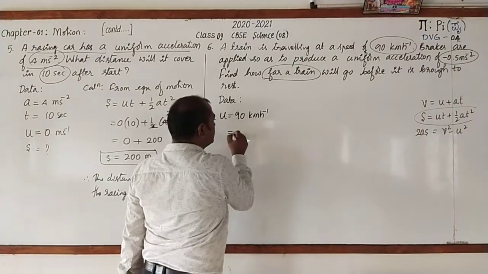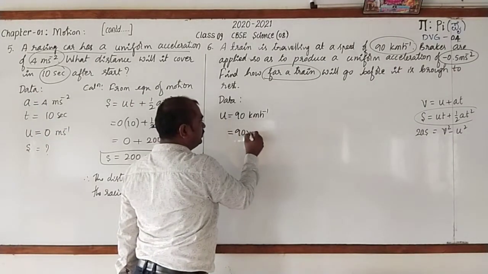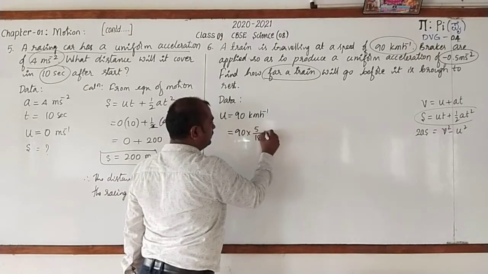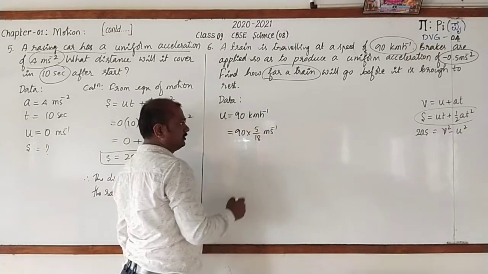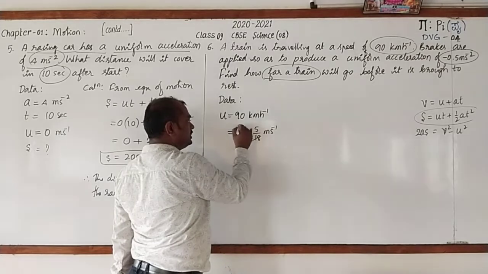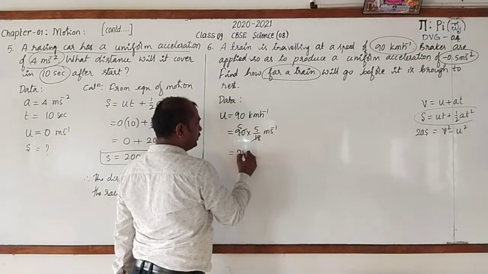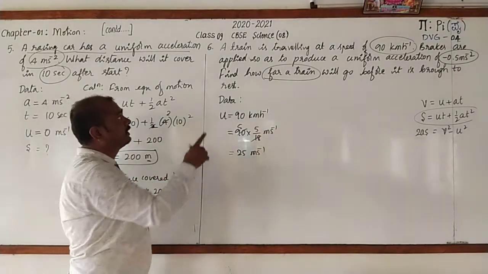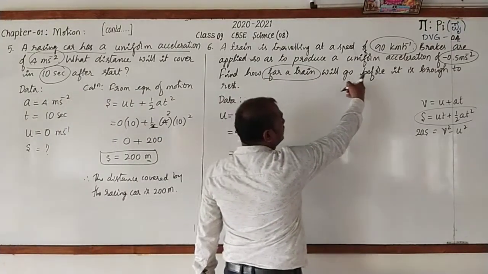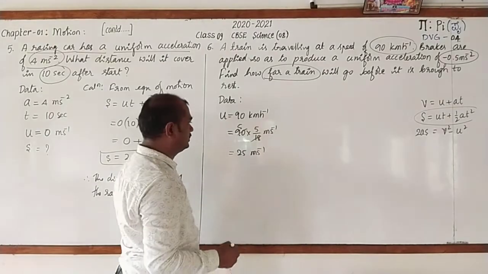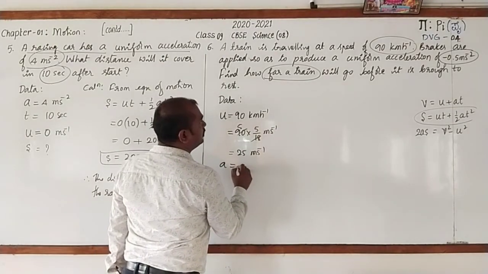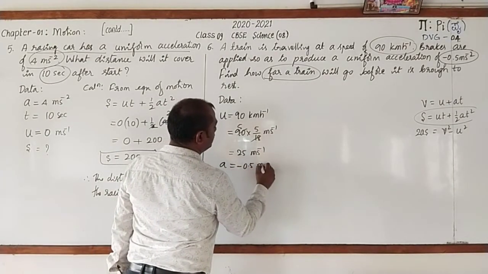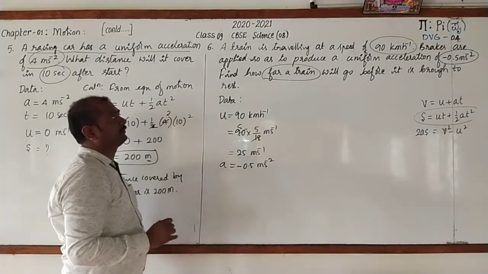Now convert this into meter per second. 90 into 5 by 18 meter per second. 1 time 5 is 5, 5 fives are 25 meter per second. Got it? Next, so as to produce a deceleration, a equal to minus 0.5 meter per second square.